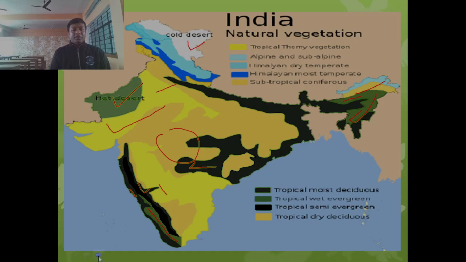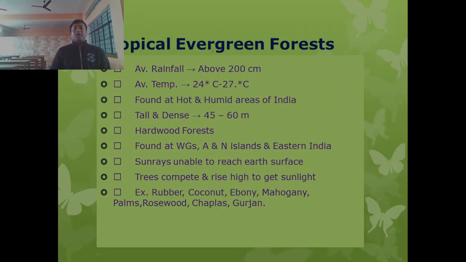Okay, let me define tropical evergreen forest. Average rainfall is above 200 centimeters, and average temperature is 24 degrees Celsius to 27 degrees Celsius. This is found in hot and humid areas, as all of you know, and the forest cover is tall and dense. Hardwood forest is found in this area.